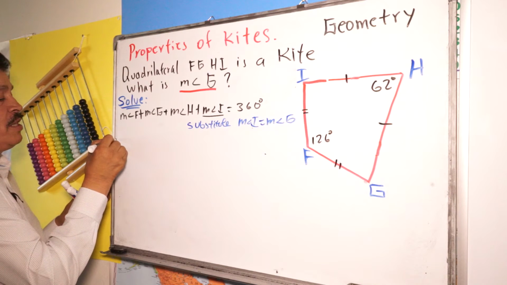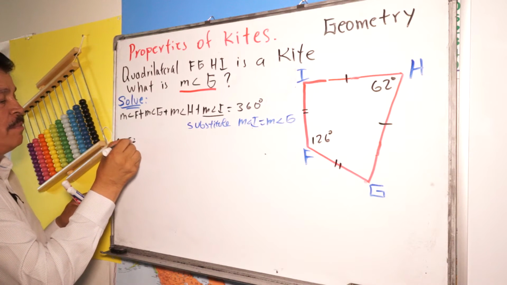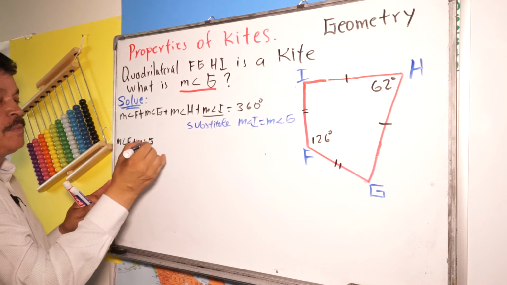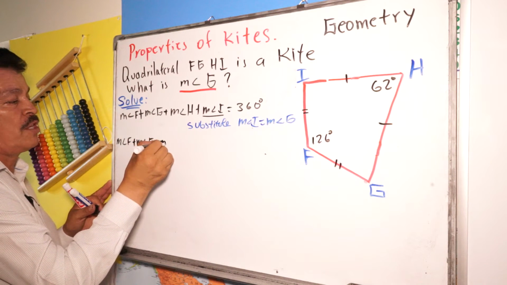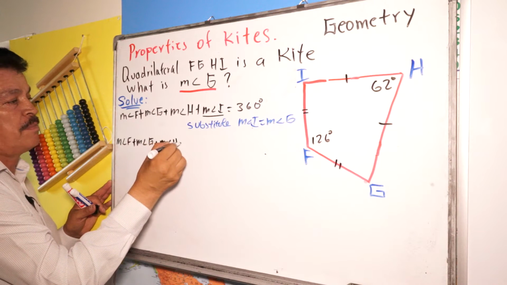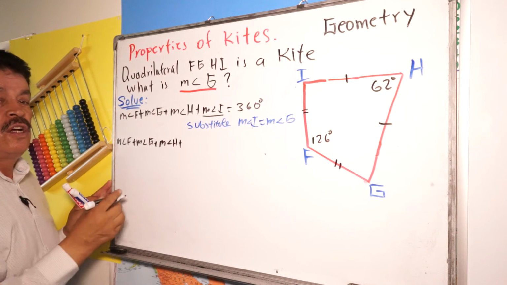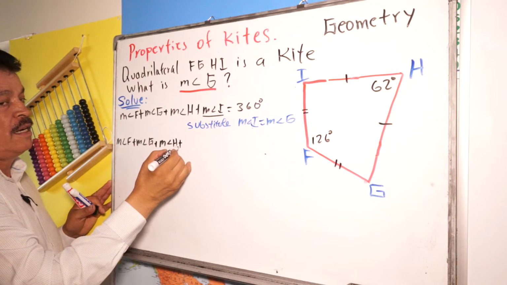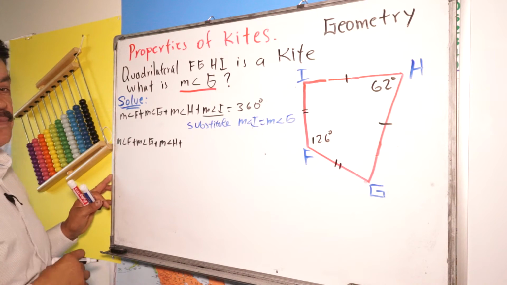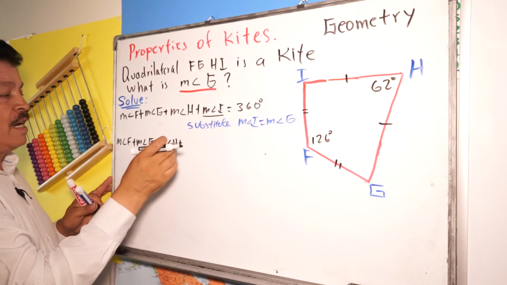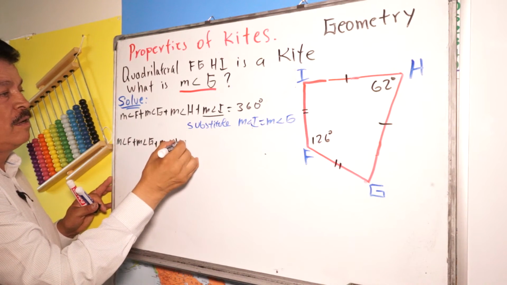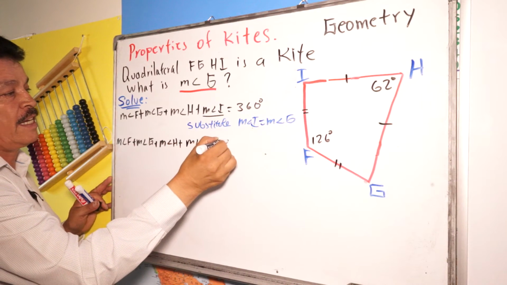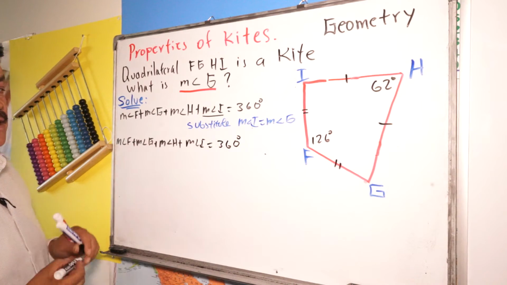So again, the measure of angle F plus the measure of angle G plus the measure of angle H plus the measure of angle I equals 360 degrees.